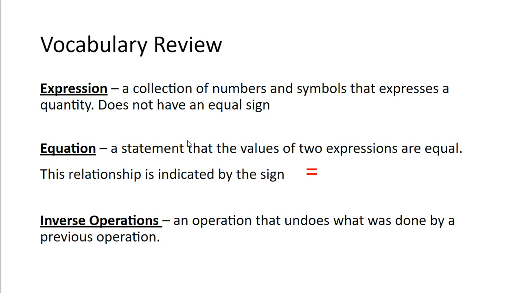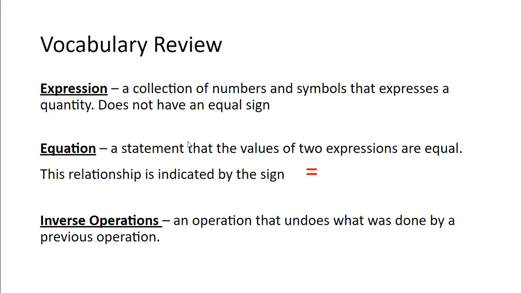So for example, if I wanted to find out how many pots and pans I have in my house, I can use a variable to represent frying pans and pots. So F and P. And then I can make just a statement about how many pots and pans I have in terms of variables. And that would be equivalent to an expression.